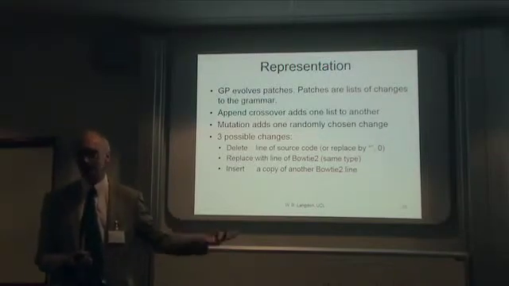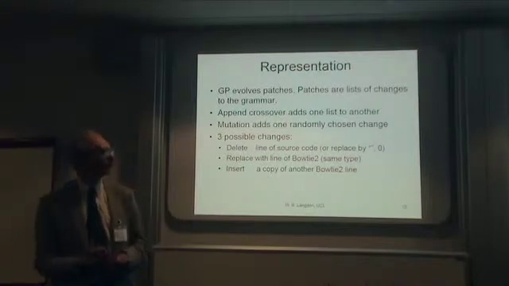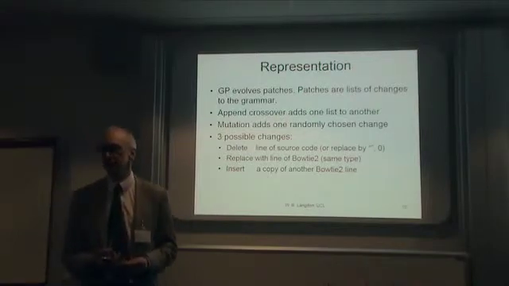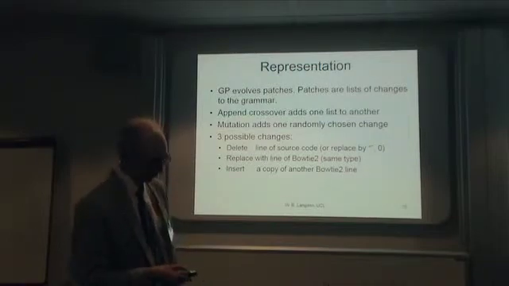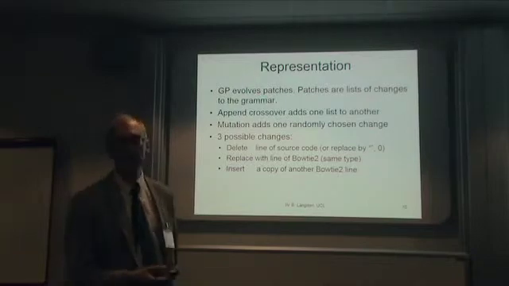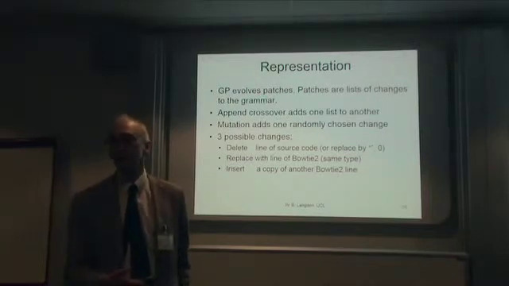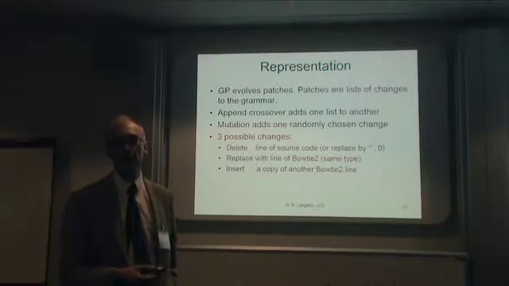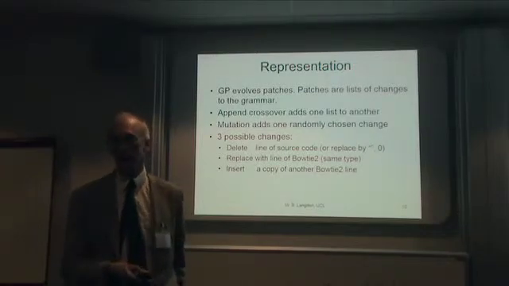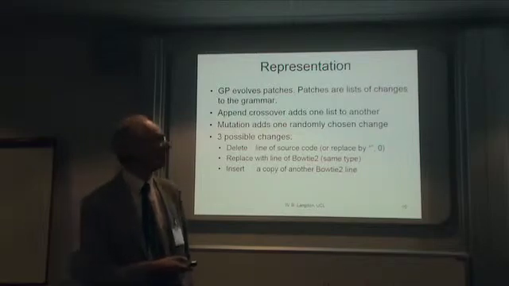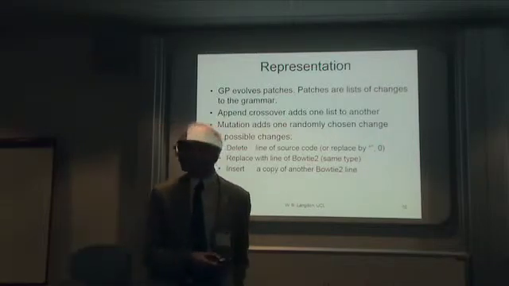Let's encourage bloat, which is certainly what that crossover achieves. The three types of mutation are essentially to delete a line, replace a line with another line from somewhere else in Bowtie 2, and insert a line from Bowtie 2 in front of another one. So those are our three mutation operations.